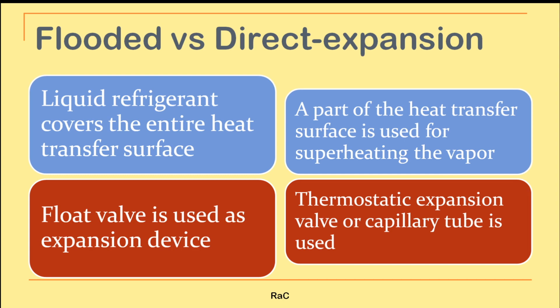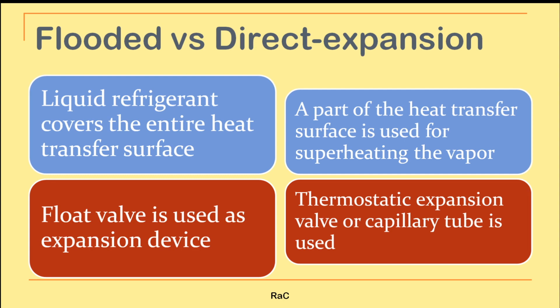So in flooded type evaporators, liquid refrigerant covers the entire heat transfer surface. I'll show you the schematic diagram. And as we have seen in the previous session, the float valve is used in conjunction with flooded type evaporators. A float valve is usually used. So it will be a low side float valve at the evaporator side.